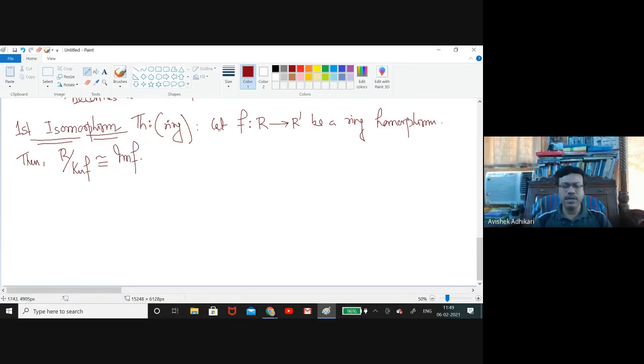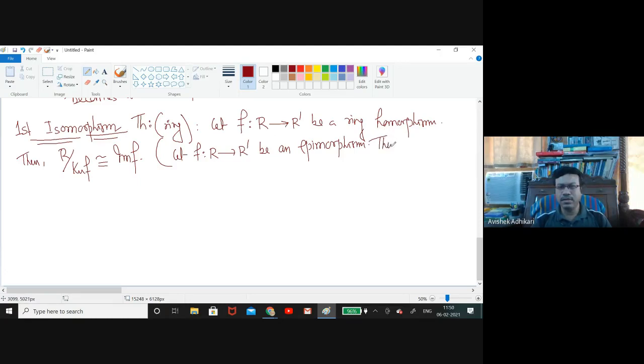Sometimes many authors put some extra condition here. They say that let f from R to R dash be an epimorphism, that means a homomorphism as well as an onto morphism. And just now I mentioned that if this is an epimorphism, then image f must be equal to R dash.